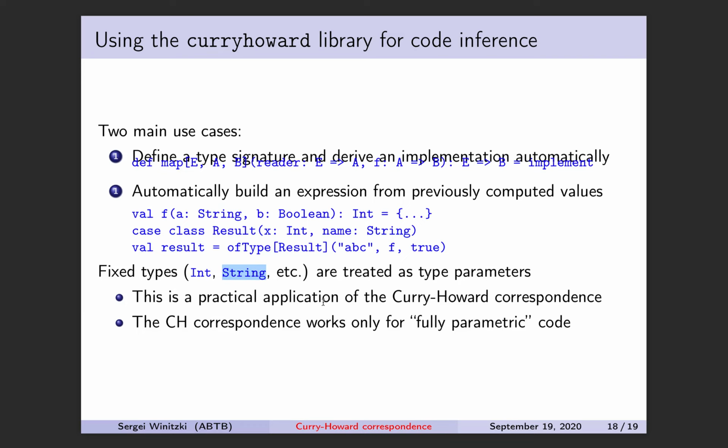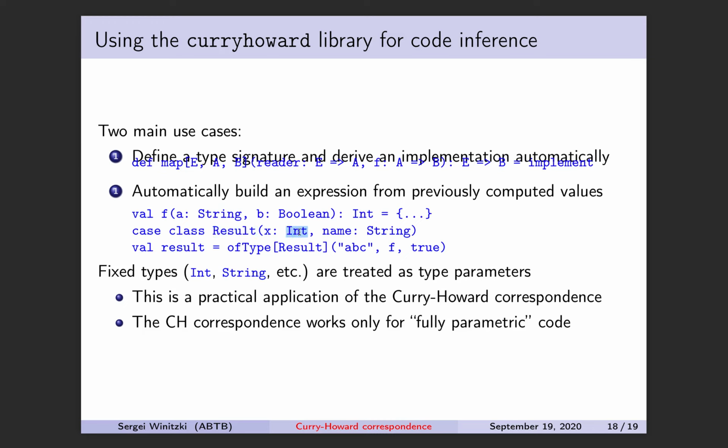The Curry-Howard library treats these types just the same as type parameters. As I said, the Curry-Howard correspondence only works for code that is fully parametric. So we must treat these as type parameters. Otherwise, there's no real sense in using the Curry-Howard correspondence, because I could say, oh, I can always compute a value of type result.